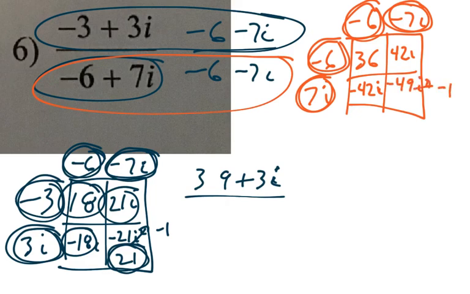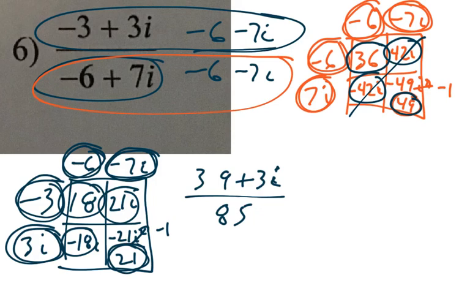But again, i squared being negative 1 means this is positive 49. So guys, what is our answer over here? 36 and 49, which is what? 85. Okay, and notice 42i minus 42i, the i's are gone. There is my answer. And I'm pretty sure you can't simplify it either.